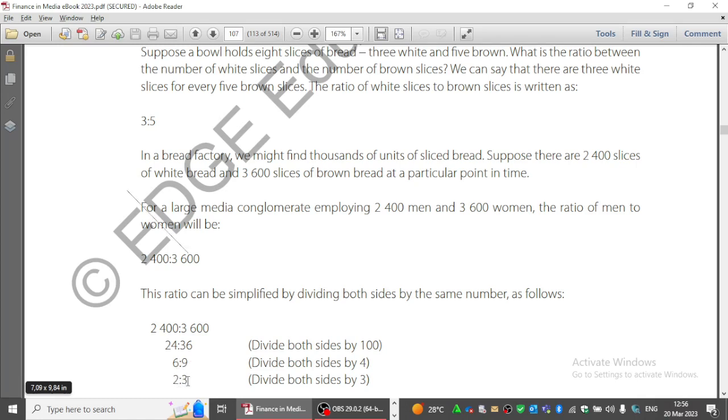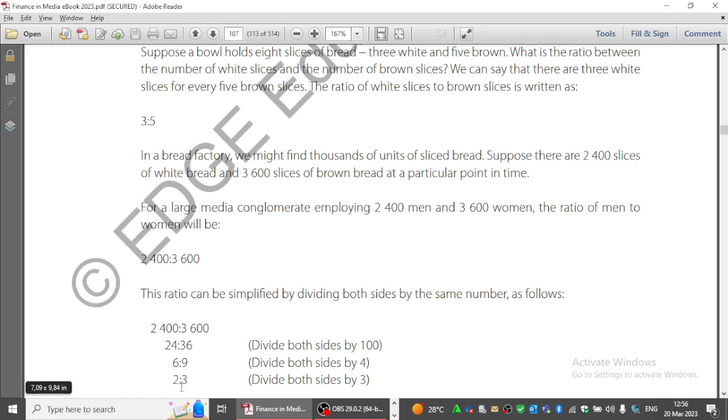Based on this ratio, for every 3 women within this media company there will be 2 men, meaning that if we have 6 women, we expect the company to have 4 men.